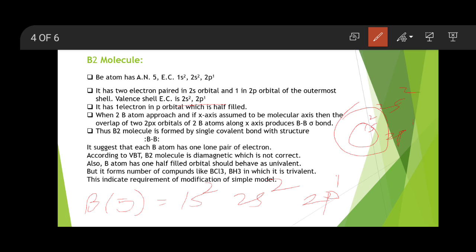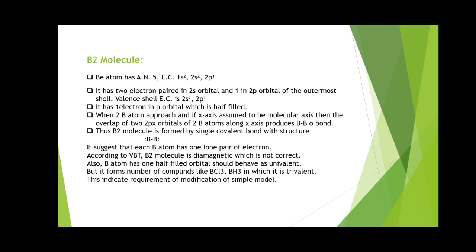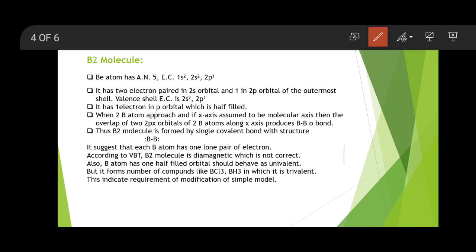Thus, the B2 molecule is formed by a single covalent bond with a structure like this: boron, boron, and there are 2 electrons as a lone pair. So each boron atom has one lone pair of electrons.